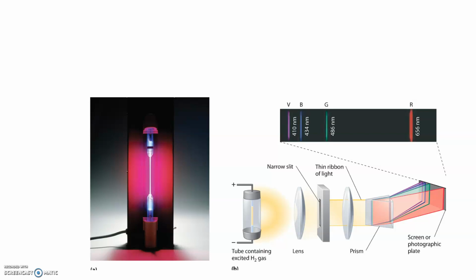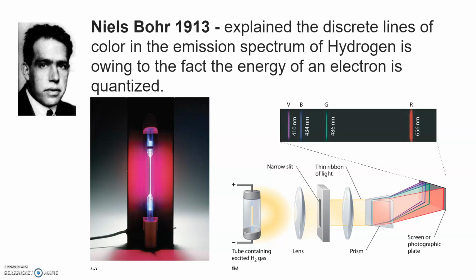And they were trying to explain this. In 1913, Niels Bohr was able to explain these discrete lines of color in the emission spectrum of hydrogen and other elements as owing to the fact that the energy of an electron is quantized. So what's happening here?